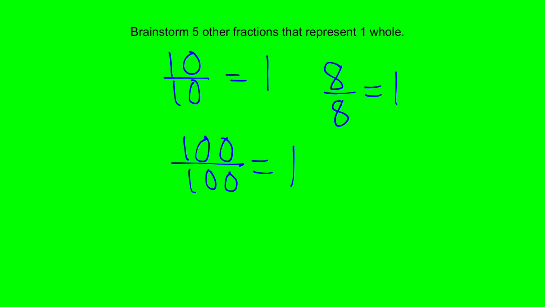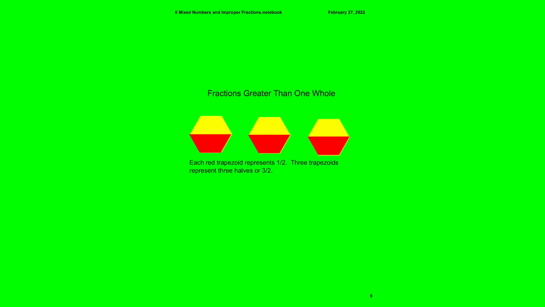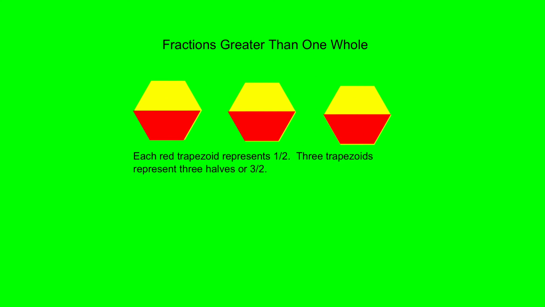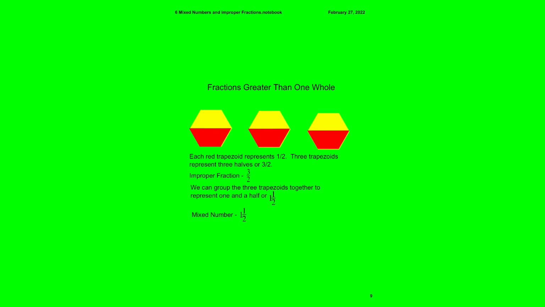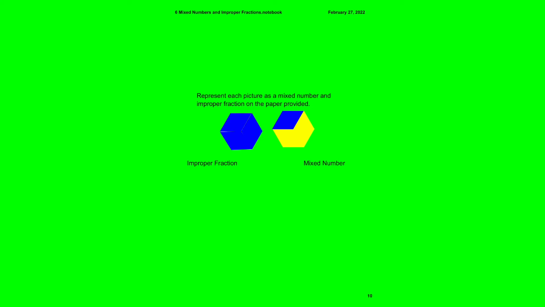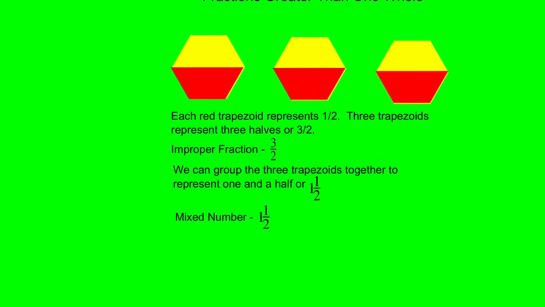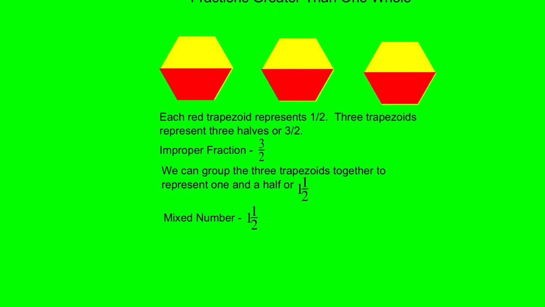Then we talked about if you took 3 of those halves, 3 trapezoids, and put them together, you would have 3 halves, or 3 over 2. You would have a fraction that is larger than one whole. So we talked about how you would have 3 over 2, or you would have 1.5.